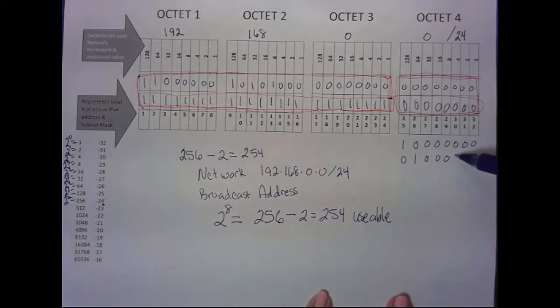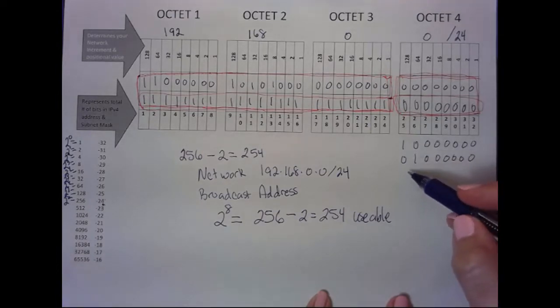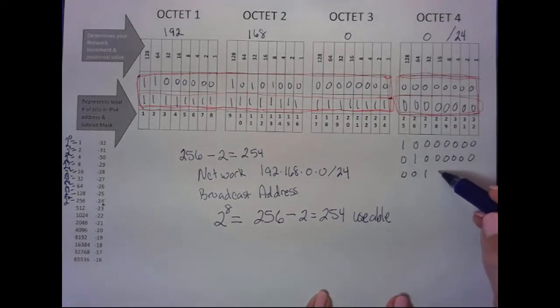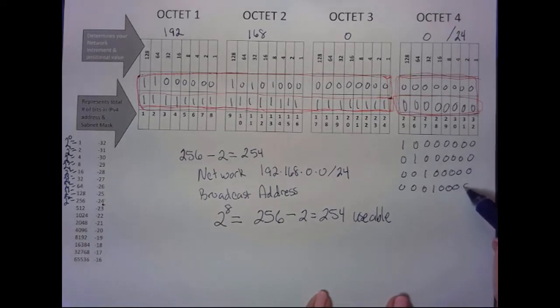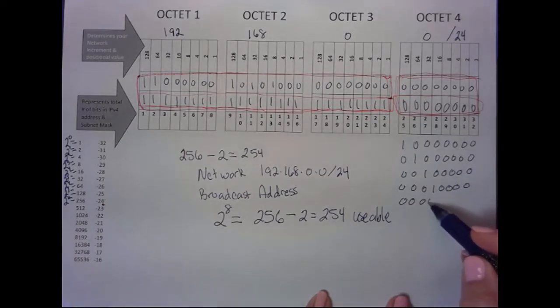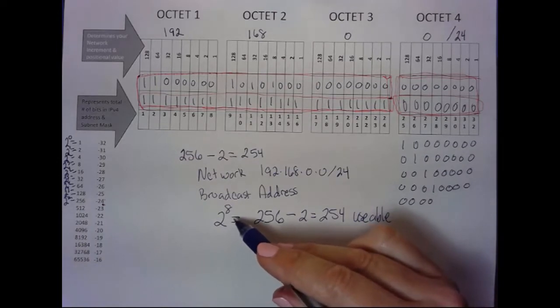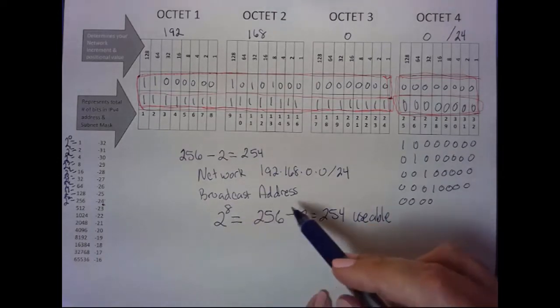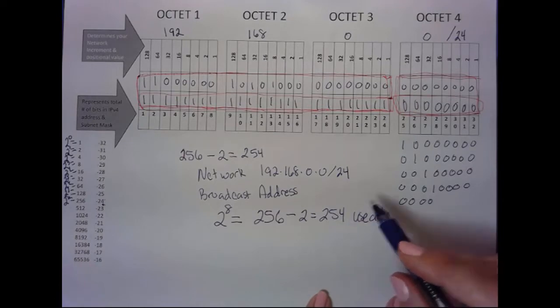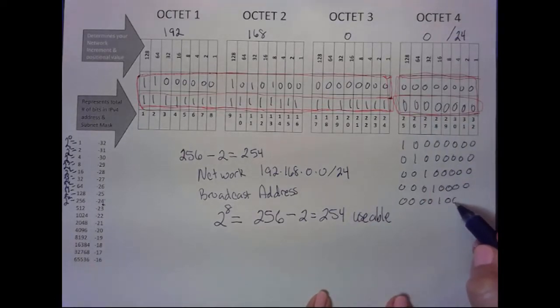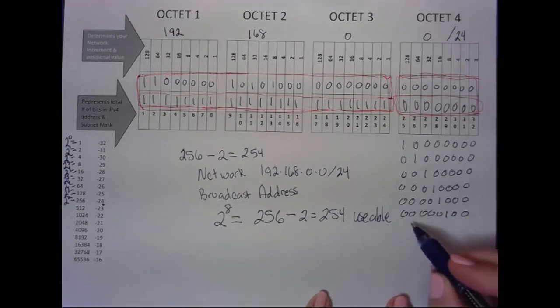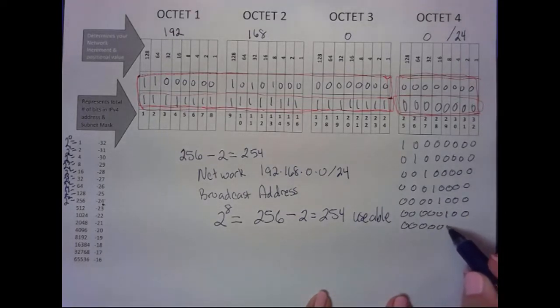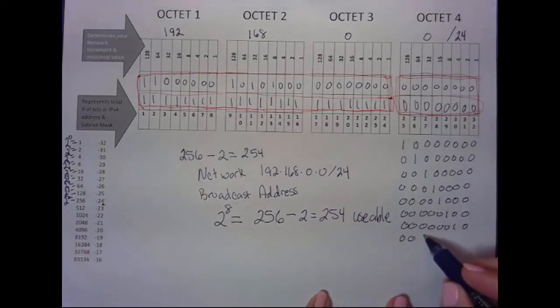Now I won't be able to sit here and go through every one of these, but we know that every device on our network has to have a unique address. They cannot be the same, right? So that's essentially what this math does, is it tells us that 2 to the 8th, I could have 254 unique addresses. So you see, if I keep going, you can see how I can have just a bunch of different unique addresses, right? Without repeating myself.